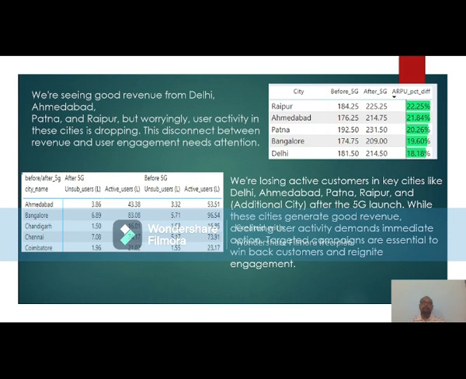So the management needs to come up with discounts or particular plans targeted at customers in these cities, which will help them regain the market share which got lost after the launch of 5G. If we can regain those customers, it will be much easier for the company to generate more revenue.